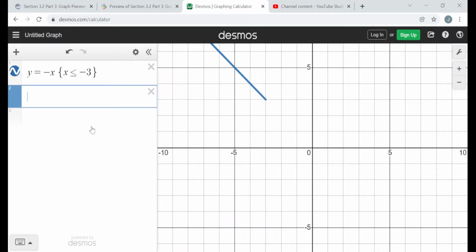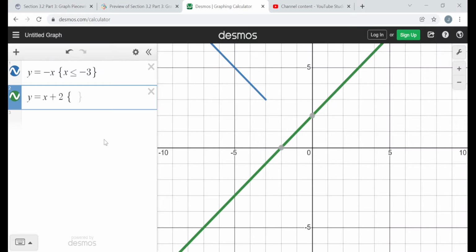All right, then for the second slot, I'll put the second piece, y equals x plus 2. Again, don't leave it this way, because if I leave it this way, it's not a function, right? It doesn't pass the vertical line test. After y equals x plus 2, I put curly braces, and then the condition, negative 3 is less than x, and x is less than or equal to 0, and close it, right?